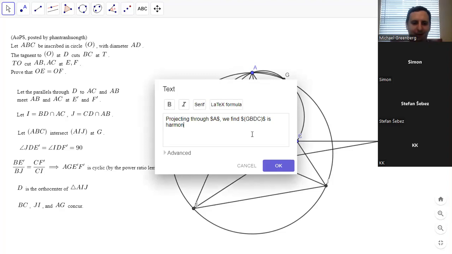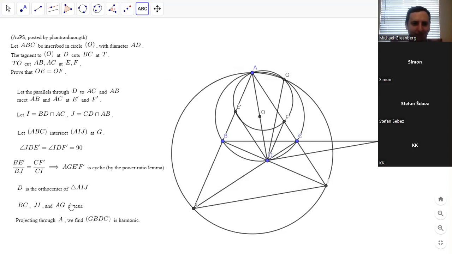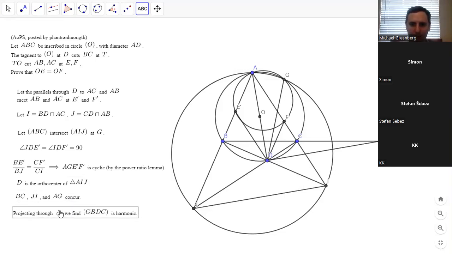I feel like in Vietnam, they really like projective geometry. Although I'm sure there's a way to prove this without projective geometry. So once we know that's true, that means that TG is tangent to the circle. Okay, so now it's all just projecting.